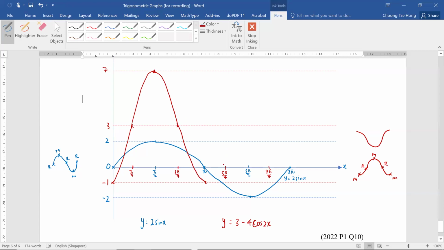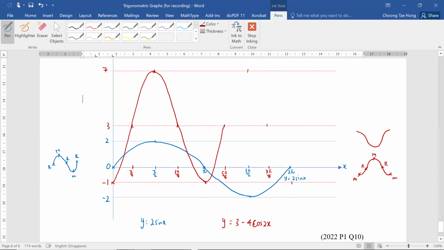Then after that we'll continue the next cycle. So now from the minimum, the next part will go back to rest. Here, the next part will go to the maximum. So somewhere here, go back to rest, and then finally at 2 pi go back to the minimum. So continue. Up.